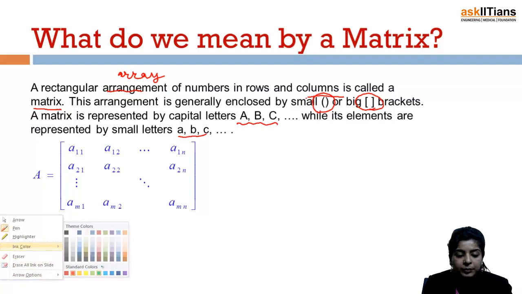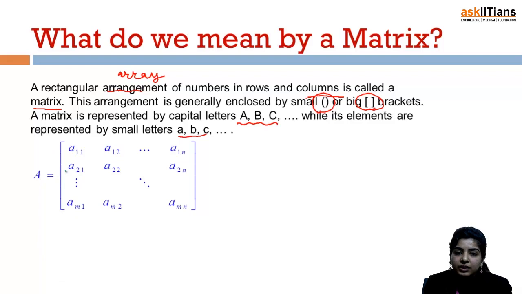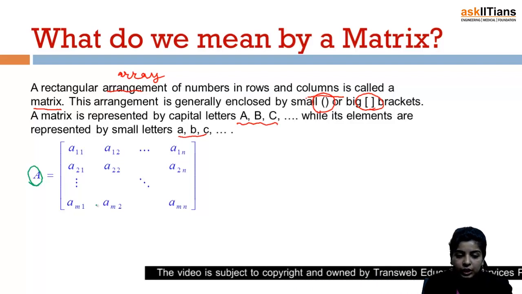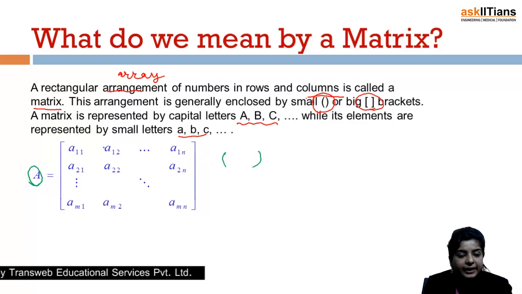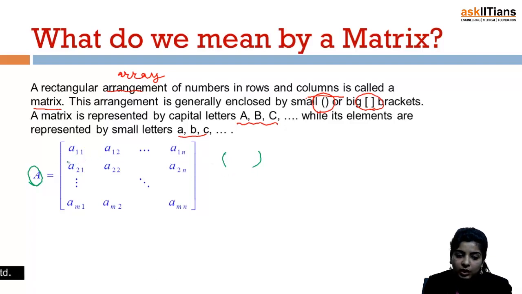So, what do we mean by a matrix? It is basically a rectangular arrangement of numbers in rows and columns, and this is how we denote it: capital letter A equal to either form of bracket, and the elements are denoted by small letters.